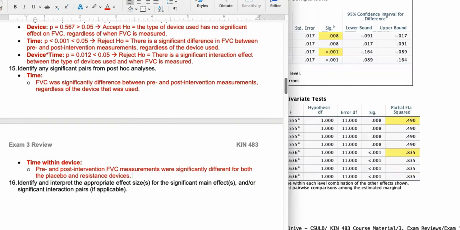You can put the p-values, you don't have to put the p-values. As long as you have the right pairs within the right conditions listed, that would be fine.